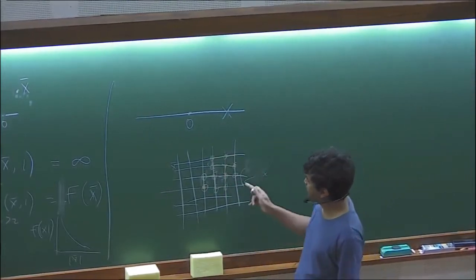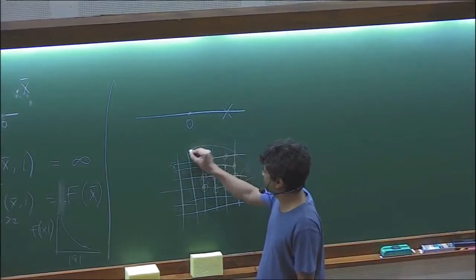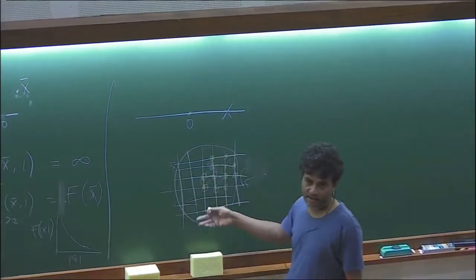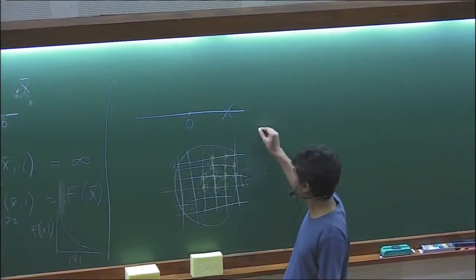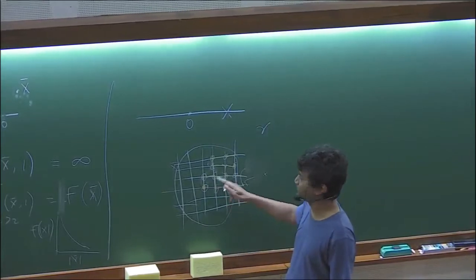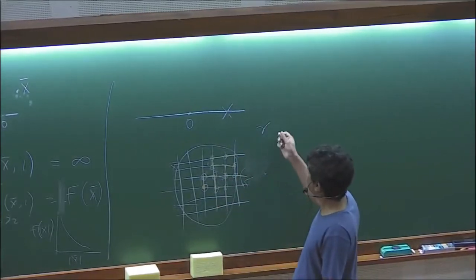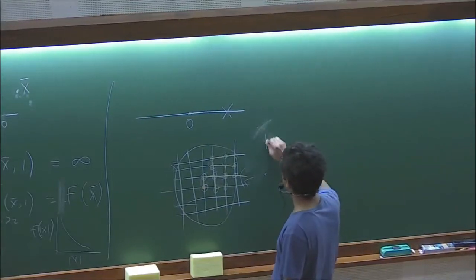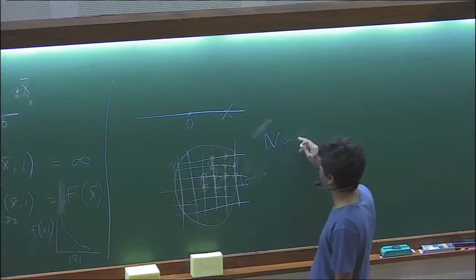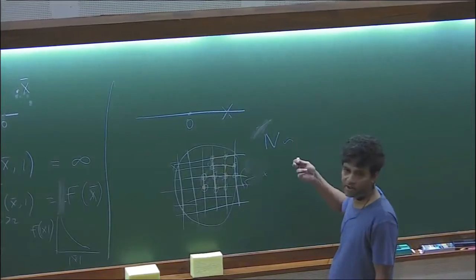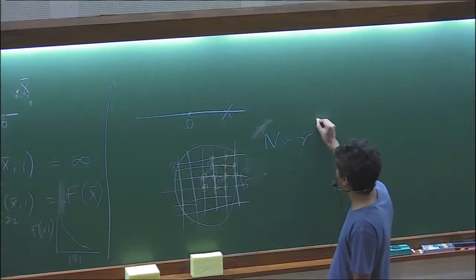Okay, and then you ask that in a box of size, in a sphere of size R, how many points have been visited? The number of points will typically be given by R to the power something.